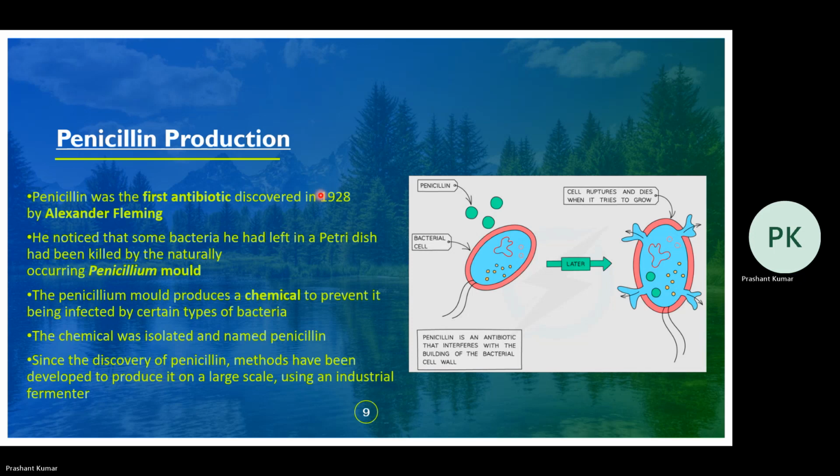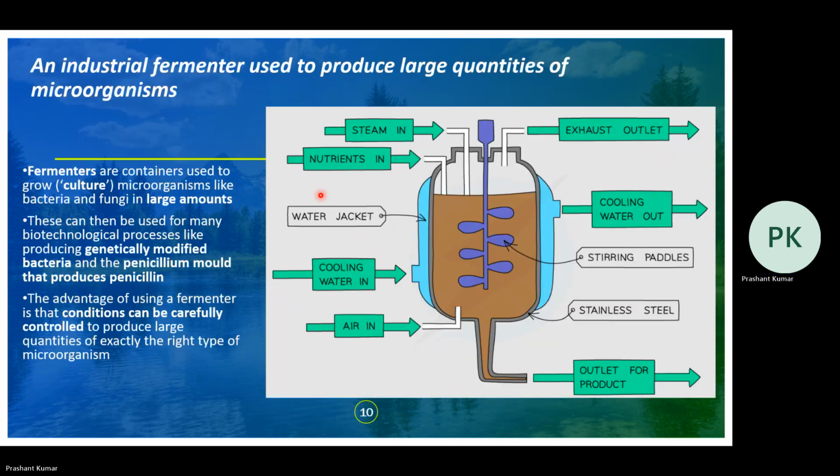Afterward, following the discovery of penicillin, this method has been developed to produce a large amount of antibiotics, right? Generally, how do they do the large production?